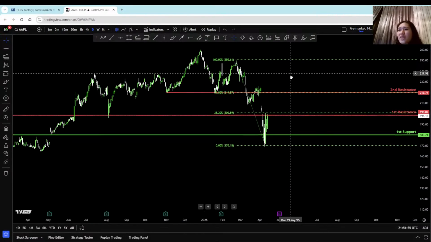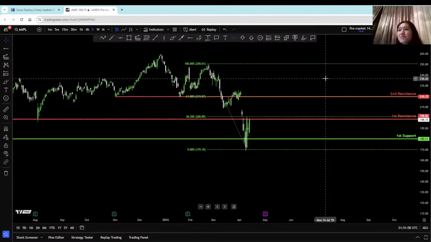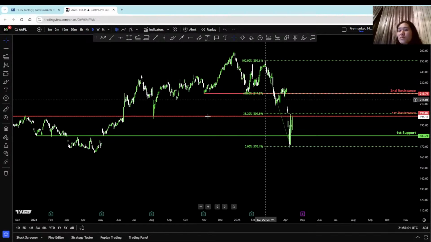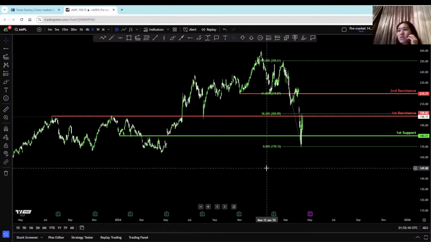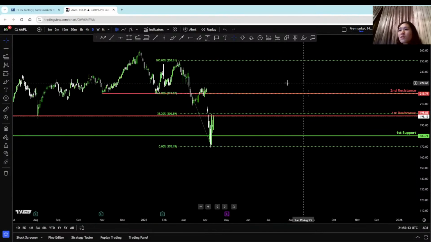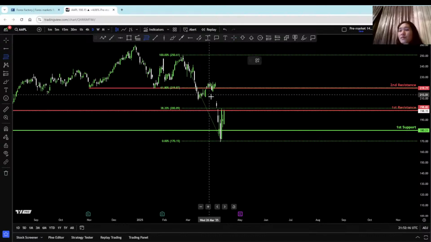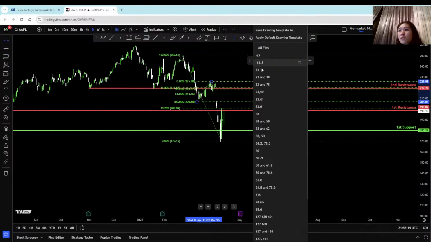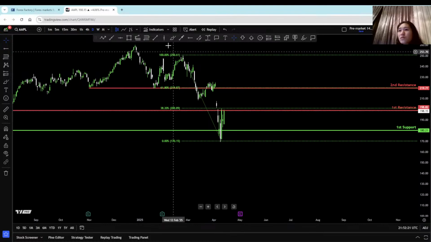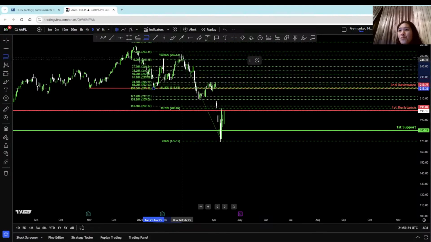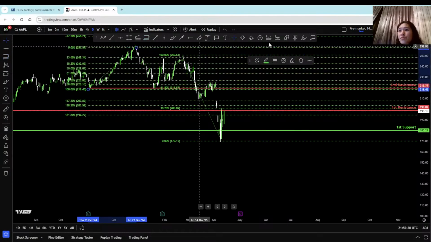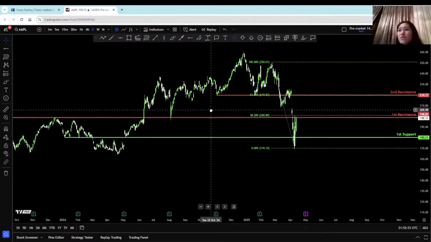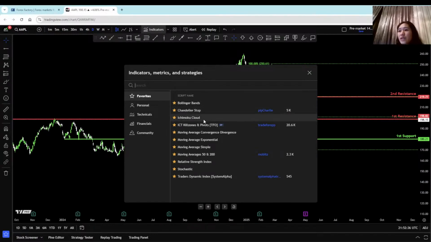Okay, I don't think we have any more levels here, as in any more Fibonacci levels. I don't think there are any other levels. But let's go in with our indicators again.